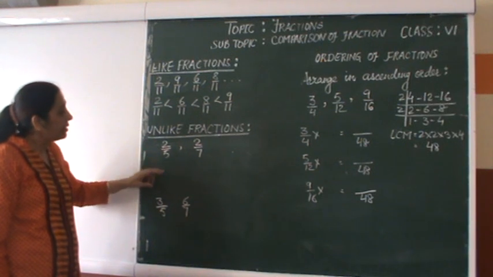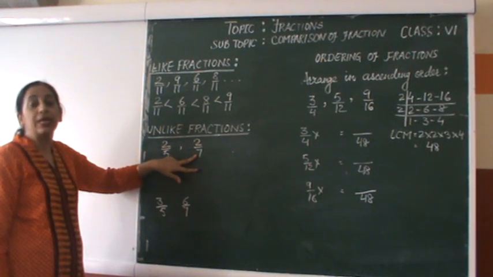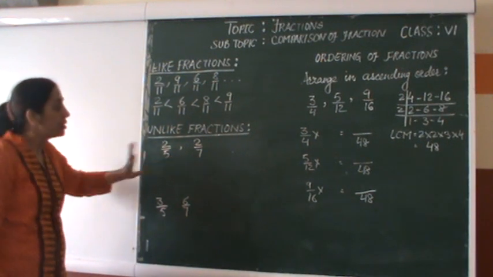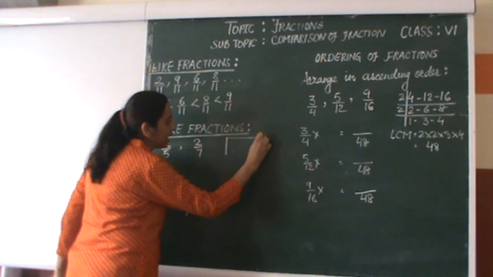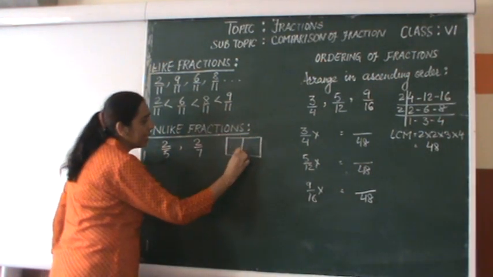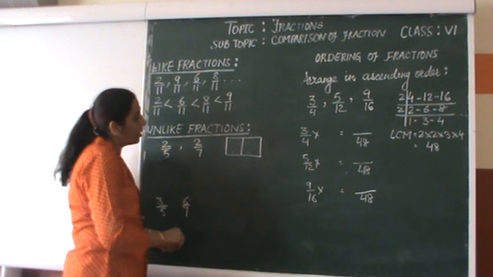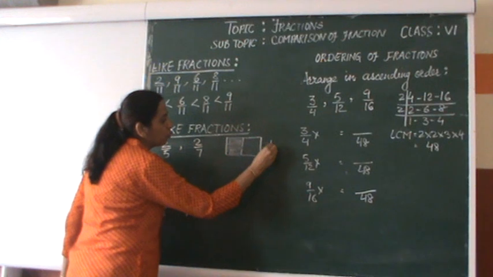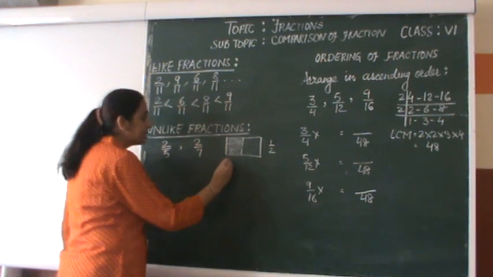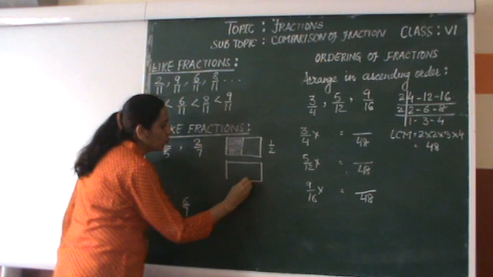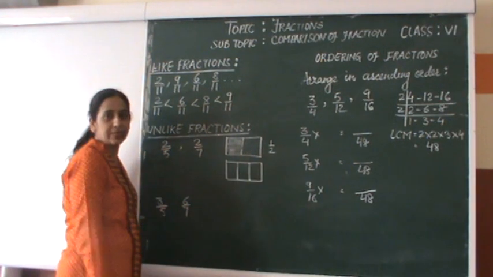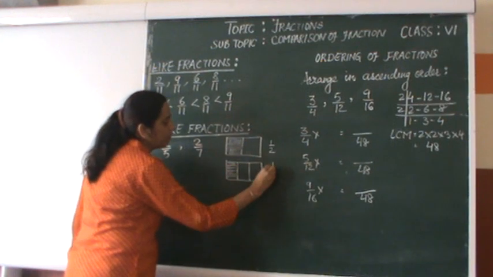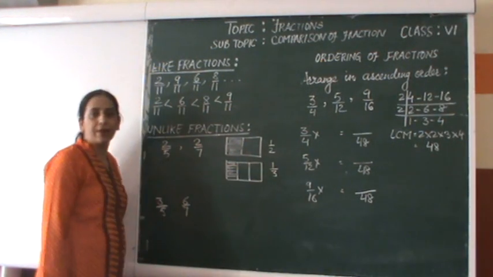See, the fraction with the bigger denominator is the smallest fraction. I'll explain why. Suppose I have a piece of cake and I divide it into two equal parts. Now, this part is 1 by 2. Again, the same piece I am going to divide into 3 equal parts, and the fraction for this figure is 1 by 3.